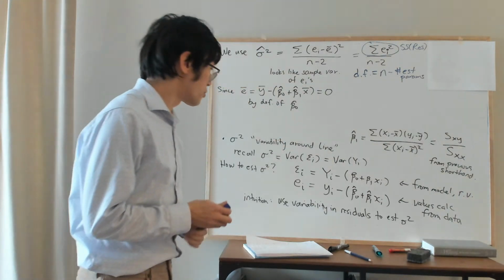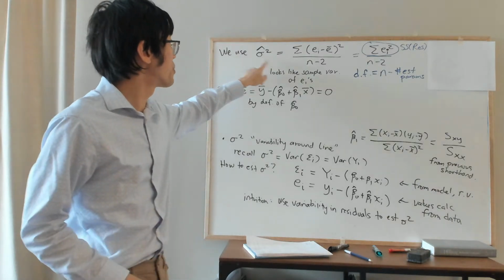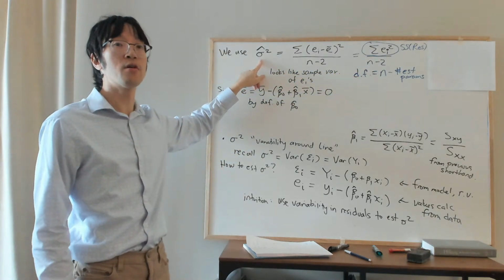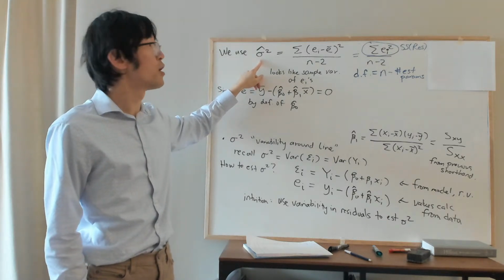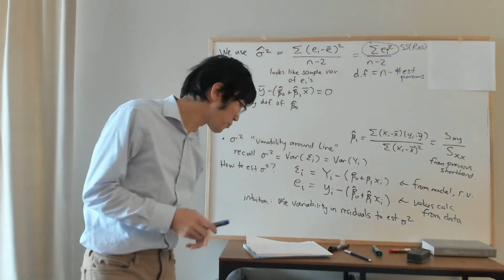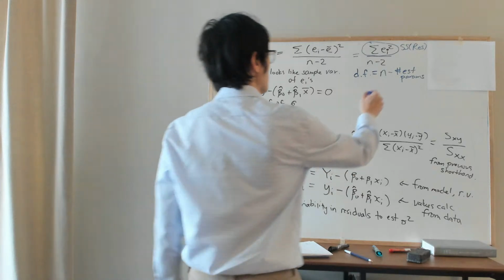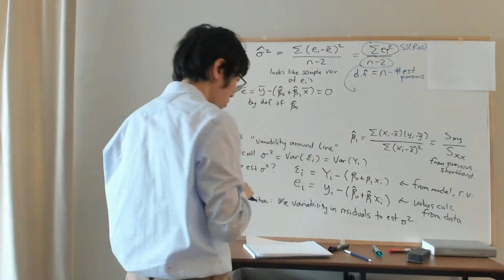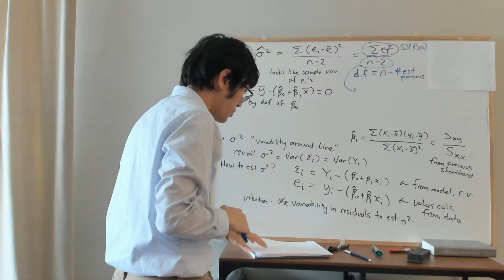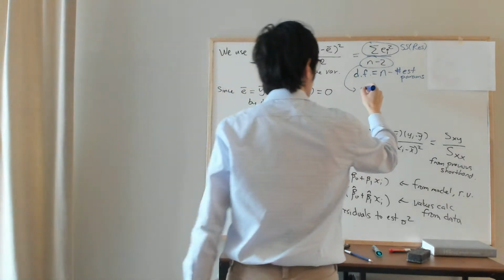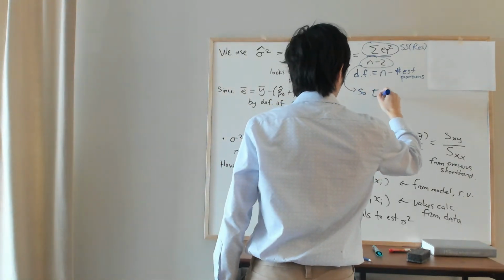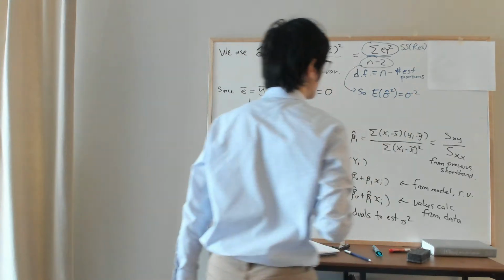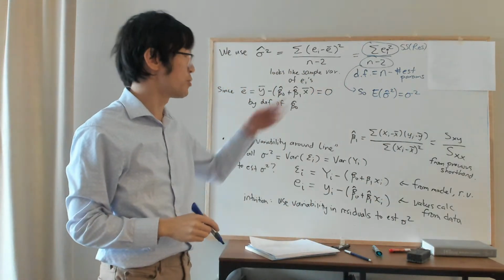What we achieve by dividing by n minus 2 is that we make sigma squared hat an unbiased estimate of the true sigma squared. So it allows this to be an unbiased estimator. The expected value of sigma squared hat actually works out to sigma squared when we divide by n minus 2.